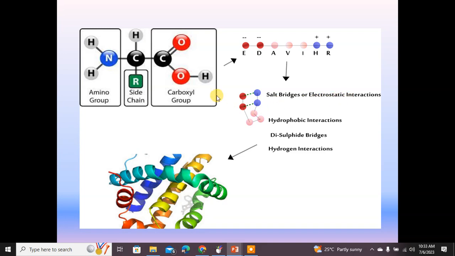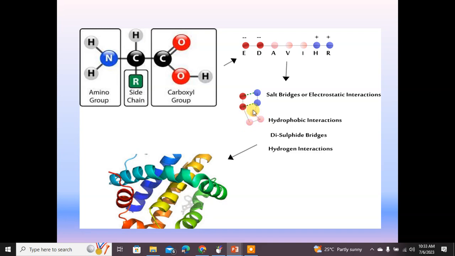Another property the side chain has is hydrophobicity or hydrophilicity. If the side chain is of a hydrophobic nature, it means they don't like water, so all such kinds of amino acids will group together like here.